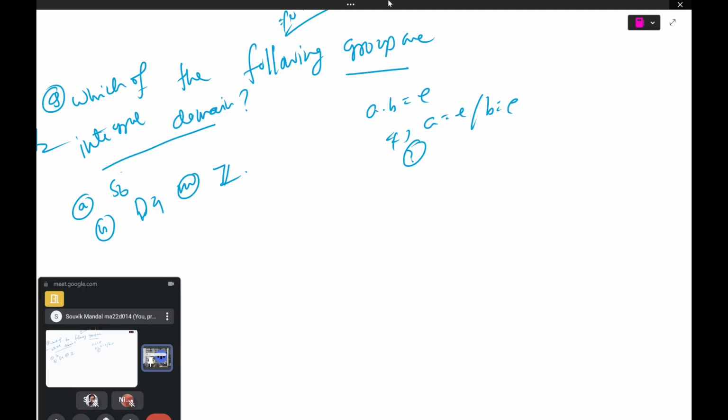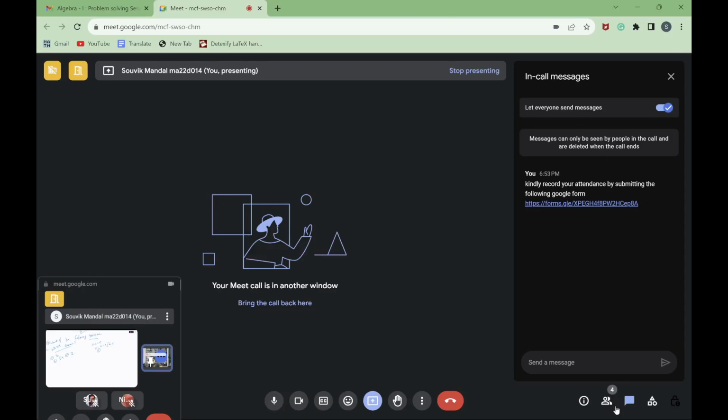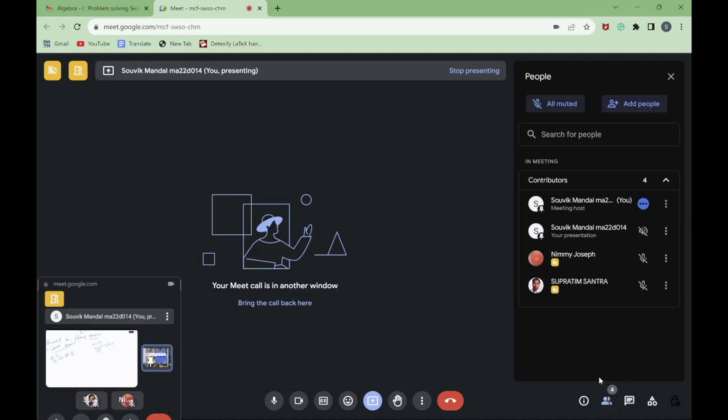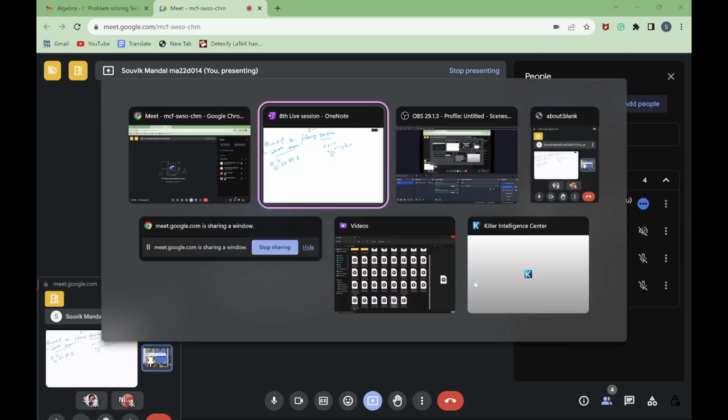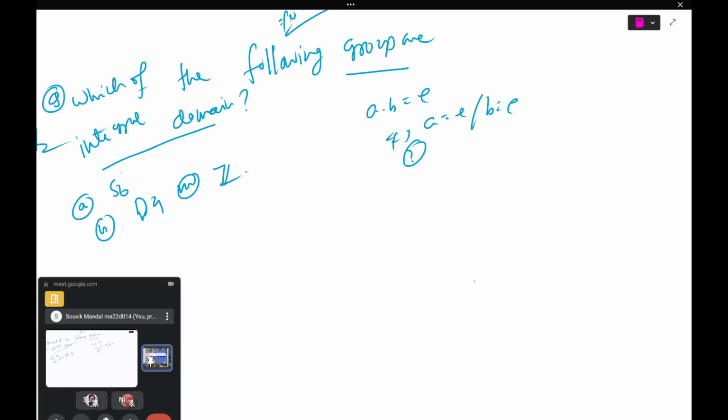Can you tell whether S6 is an integral domain or not?